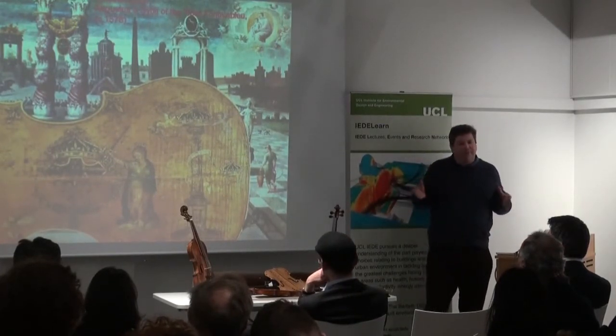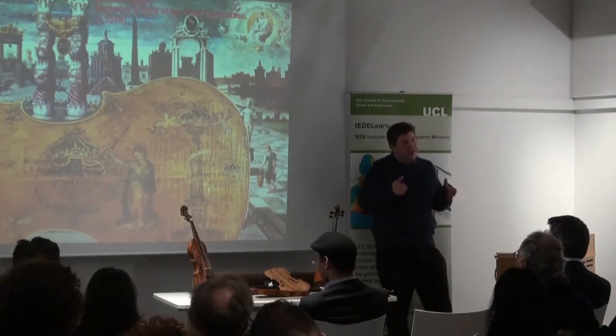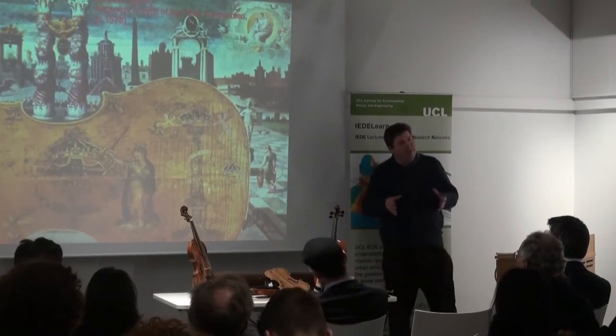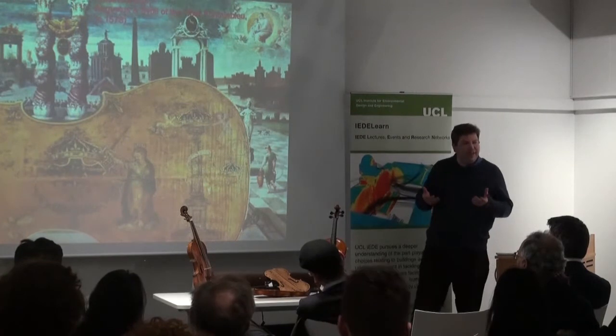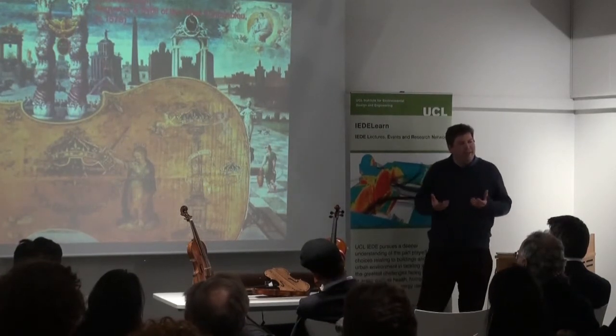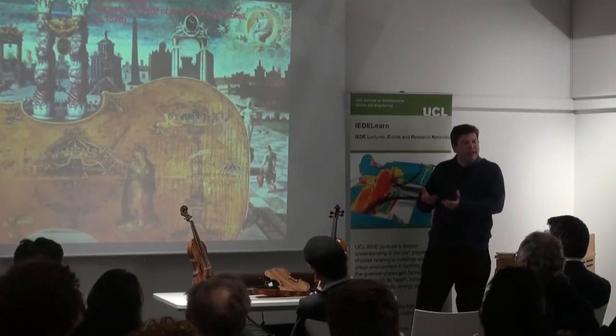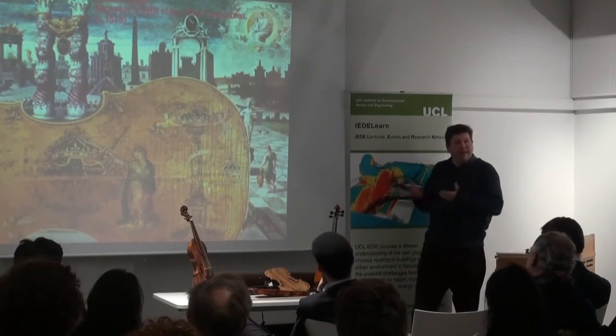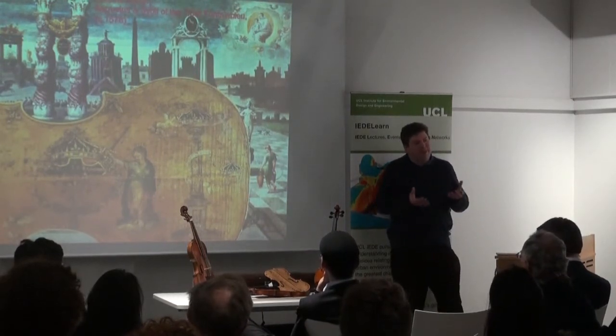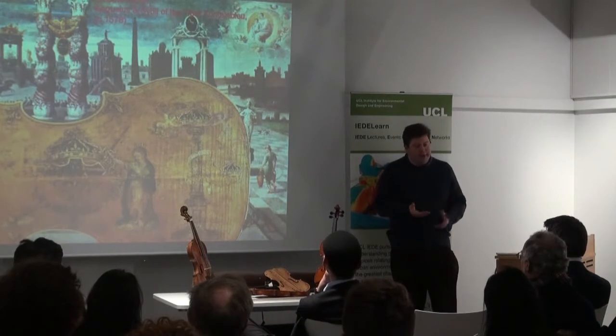Because there's so many people from so many different countries in France at that time, all reporting back on this cultural extravaganza, they bring back the idea of the violin, and specifically of the Cremona violin that's being witnessed in France for the first time.